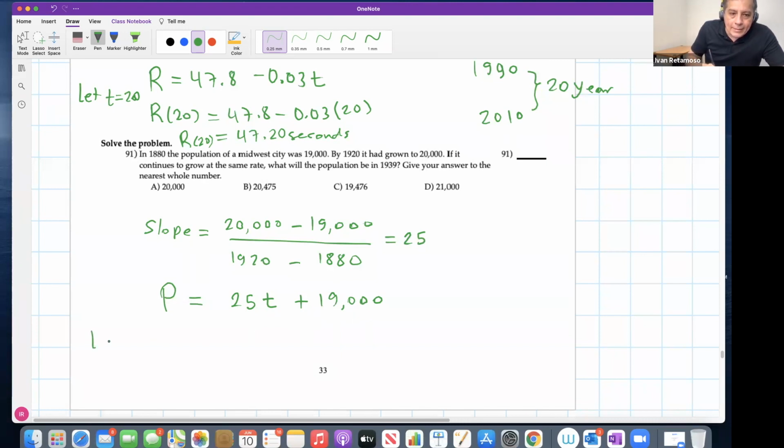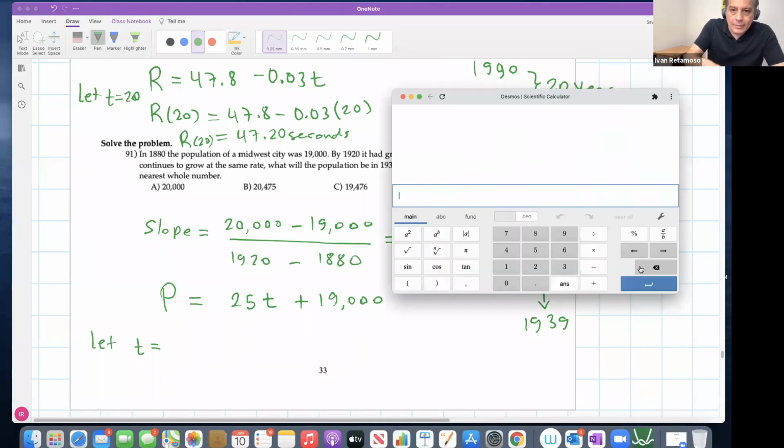Now, let T be what? How many years have passed from 1880 to this year, 1939? Well, let's take the difference: 1939 minus 1880.